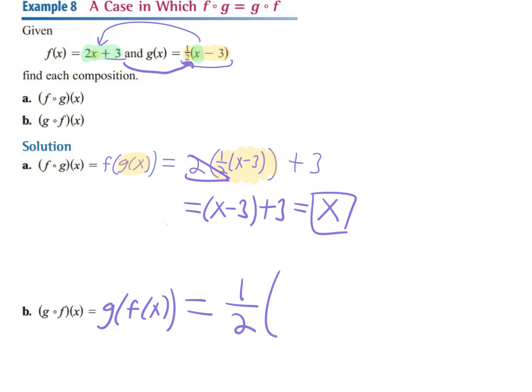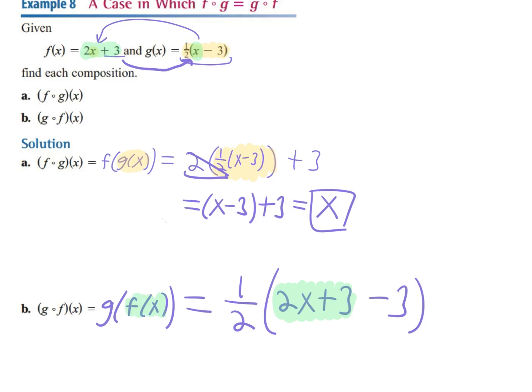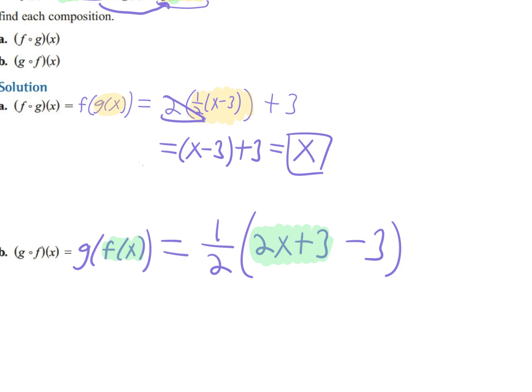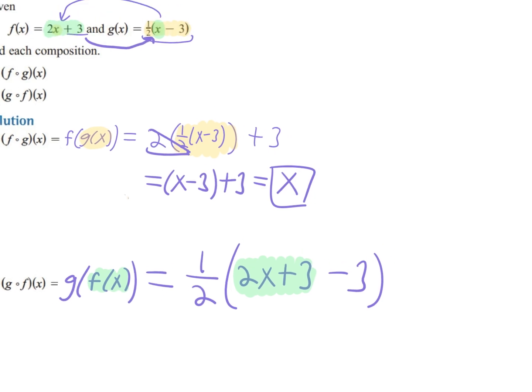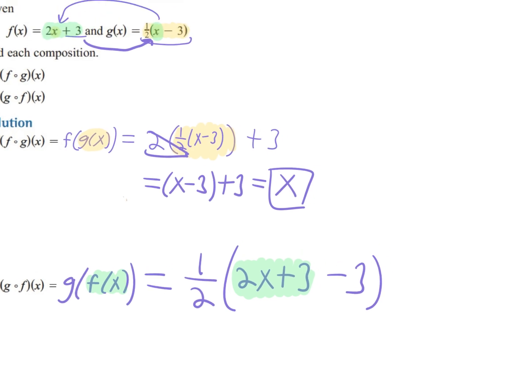So it's going to be 1/2. Instead of x, it's going to be 2x plus 3. And then we have that minus 3. So what I just highlighted in green is this f of x. That's replacing the x. Is that okay? So far, so good. I just took that f of x, put it right into g of x.